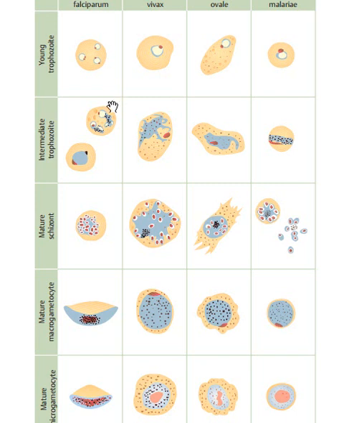So we start with the Plasmodium falciparum. This is how the young cell is going to resemble. But you need to know the cycle of Plasmodium. It starts by injecting the sporozoite in the blood.